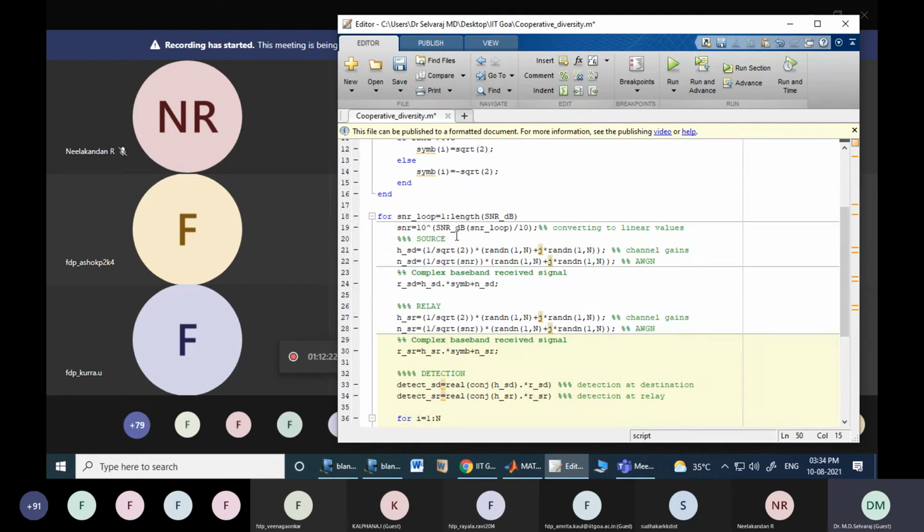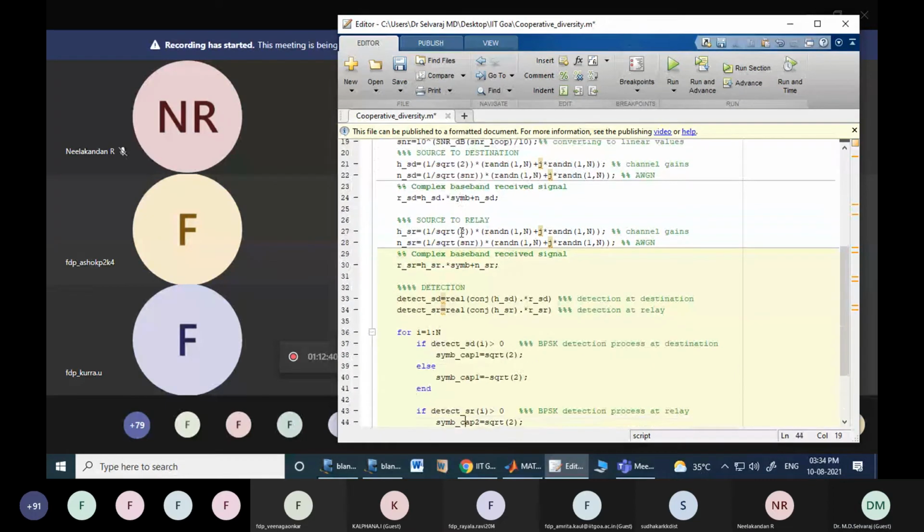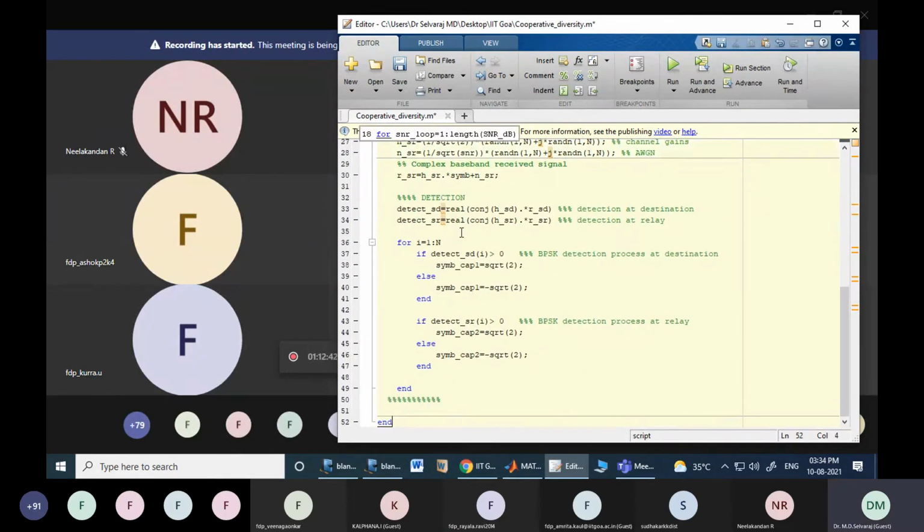Instead of source, we write it as source to destination. This will be the correct wording. Source to destination, this is source to relay, and then the relay to the destination.